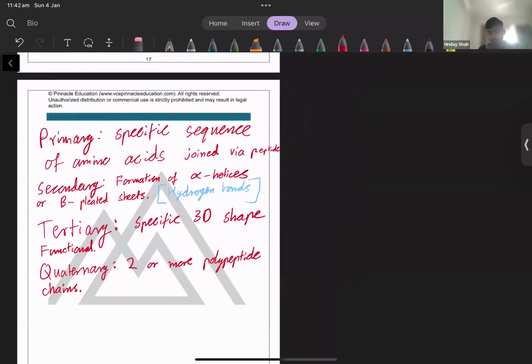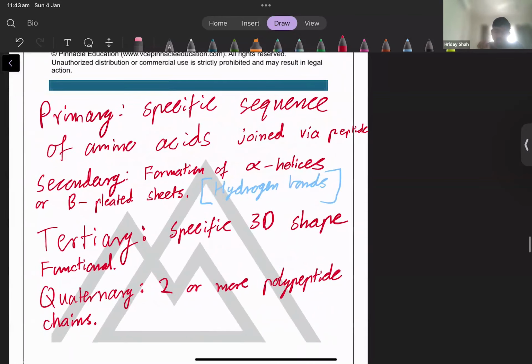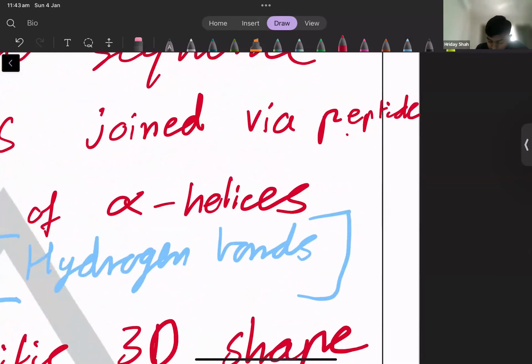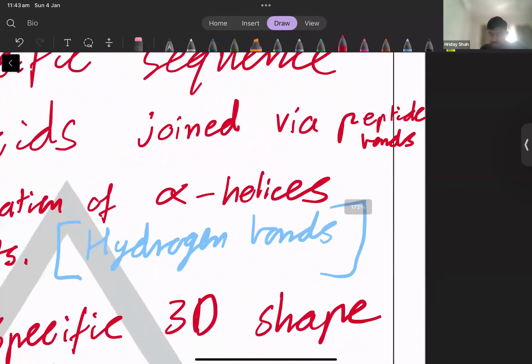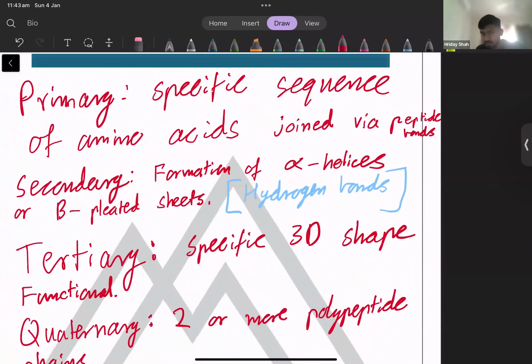So those are our 4 ways, or like we can describe the level of a protein. Now, primary, we said it was joined via peptide bonds. Secondary, we now have hydrogen bonds to join them together.